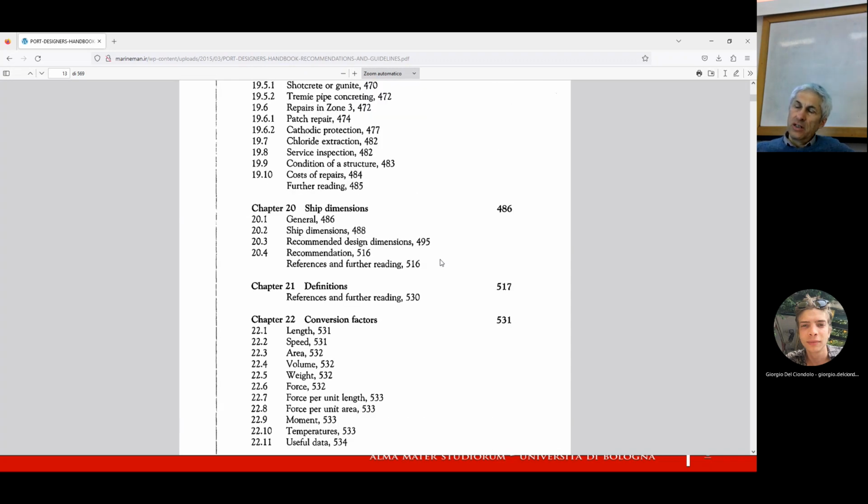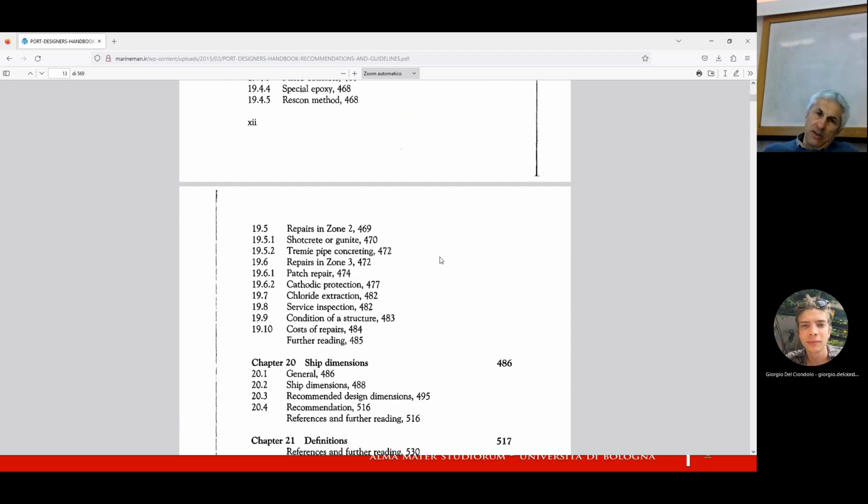Okay, so it is a huge discipline, which also involves some elements of structural mechanics, some elements of geotechnics. We will focus only on some of the loads, typically those coming from the sea. So wind load, load due to tides, to currents, etc.